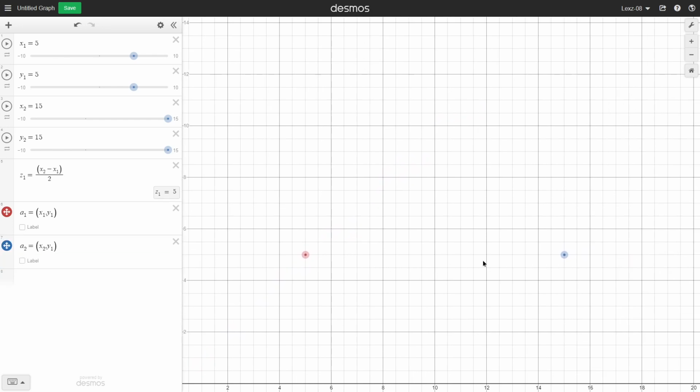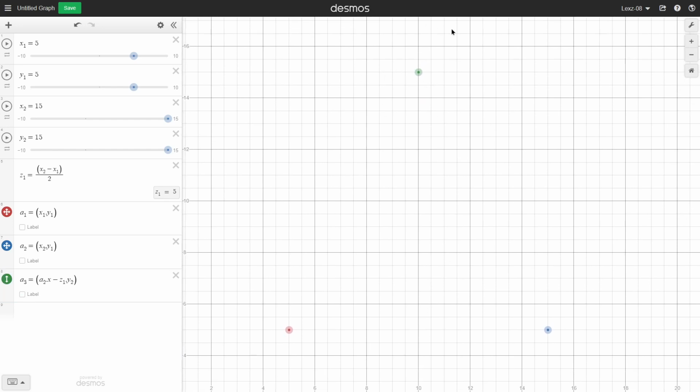And since it's an isosceles, you have to have these two the same. Otherwise, it's not going to work. And then A3, which is the top point, is going to be a2.x minus z1, and then y2. This part right here is actually the calculated distance of this and this.